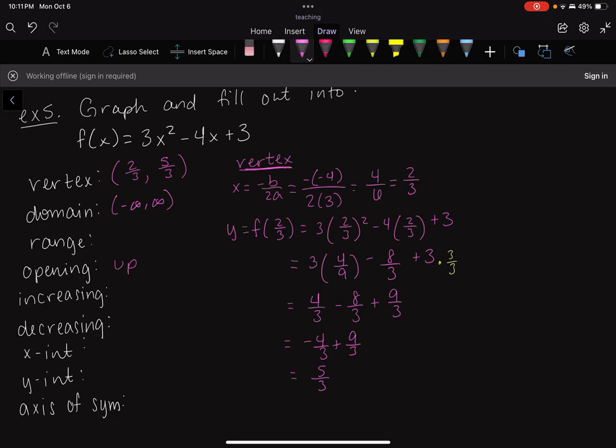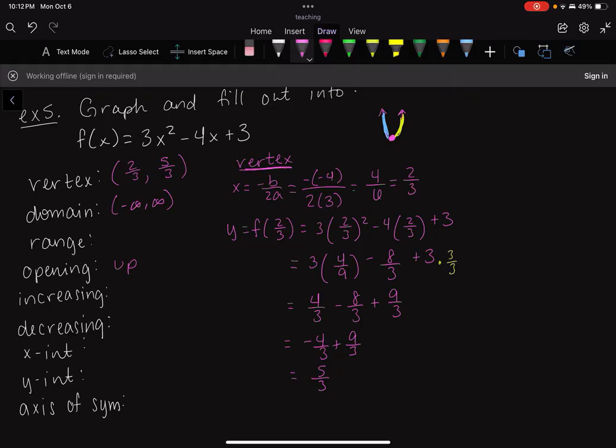If it's opening upwards, that means it looks something like this. So my increasing is going to be on the right, my decreasing is going to be on the left. So we can keep that in mind. And the point at which it's going to be changing is that vertex point.